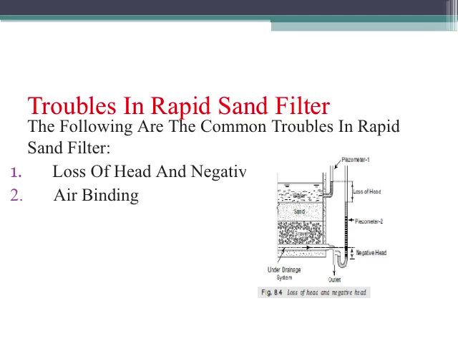In order to avoid such troubles, the filters are cleaned as soon as the loss of head exceeds the optimum allowable value. On average, the loss of head is generally limited to around 2.5 to 3.5 meters and the negative head to about 1.2 meters.